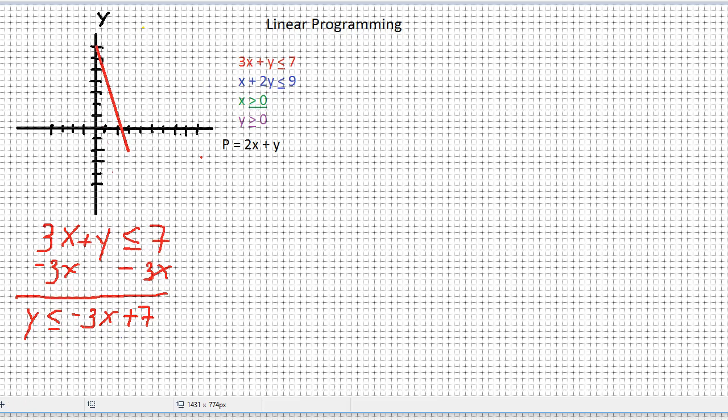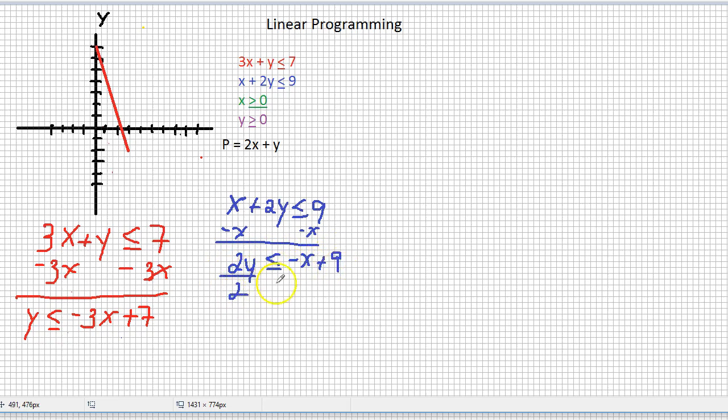Let's take a look at the blue inequality. Let me change that from a line tool to a drawing tool. x plus 2y less than or equal to 9. If we put it into slope-intercept form, we subtract our x. Now, this one's not going to look pretty. So we have 2y less than or equal to negative x plus 9.